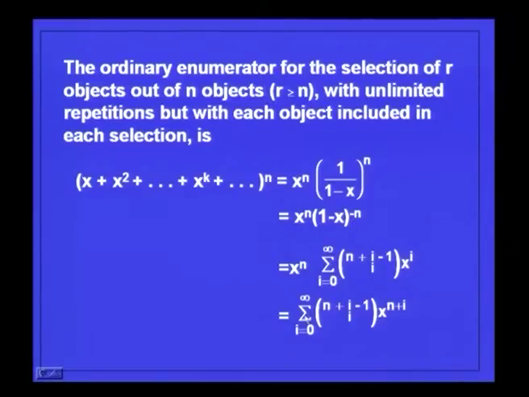So, this will be the sum over I equal to 0 to infinity of C(n+I-1, I) x power n plus I.